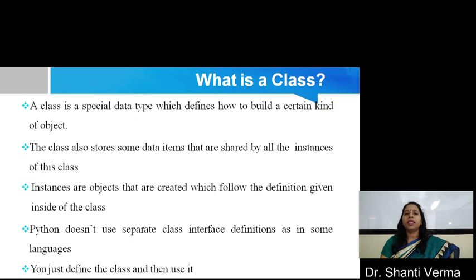Now let's discuss what a class is. A class is basically a special data type which defines how to build a certain kind of object. The class also stores some data items that are shared by all the instances of the class. Python doesn't use a separate class interface definition as in some languages. You just define the class and then use it.